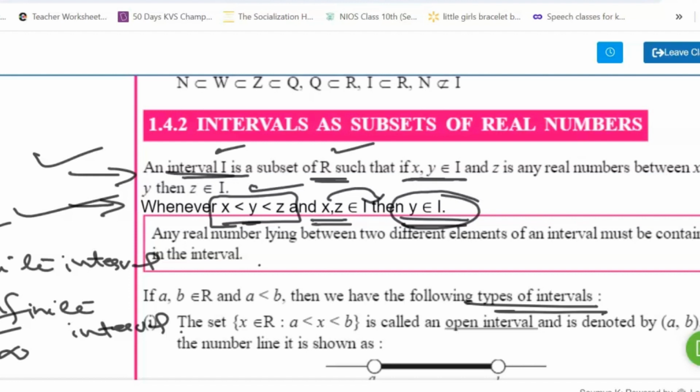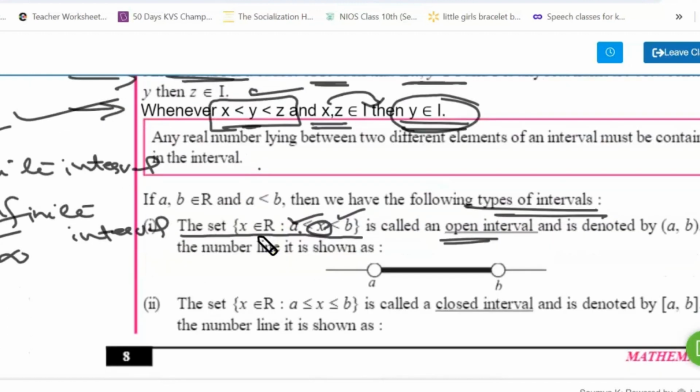So the first one is the set of x belonging to R, the real numbers, where a and b are there and x is something in between a and b. We call it an open interval and it is denoted by this bracket, and the example would be like this: a to b.